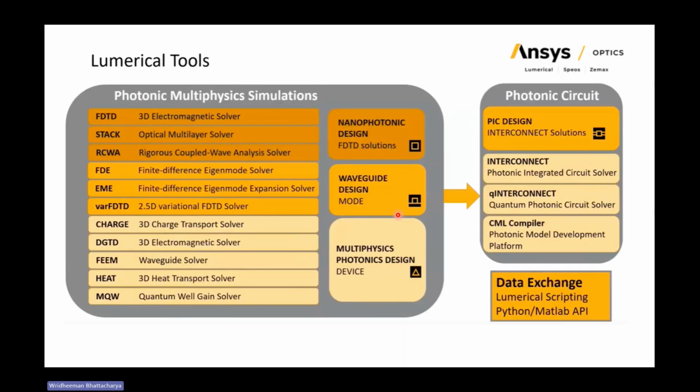So starting with the first thing, the ANSYS Lumerical software is a multi-physics simulation software which provides a diverse background and gives us various facilities for designing photonic devices and circuits. The first three solvers are the FDTD, Stack, and the RCWA, which give us the essence of how to design nanophotonic particle designs.